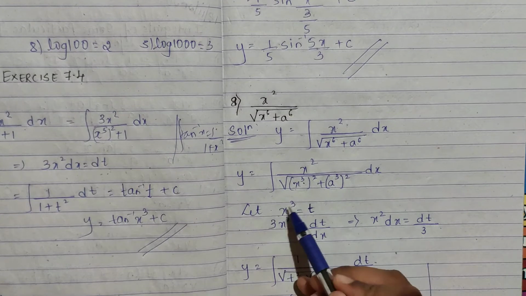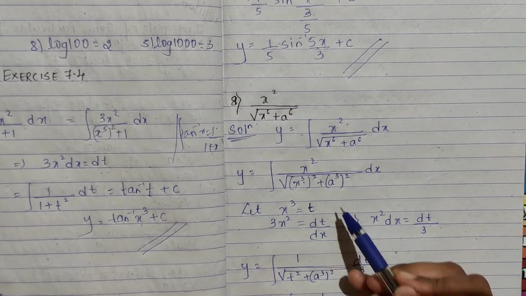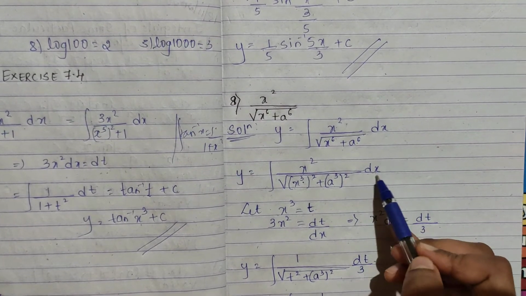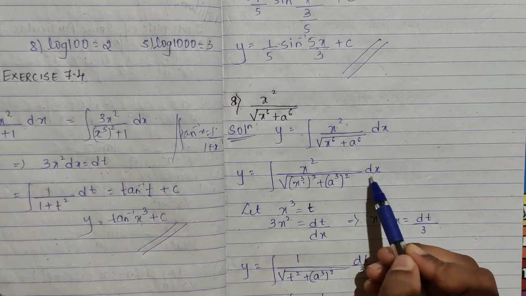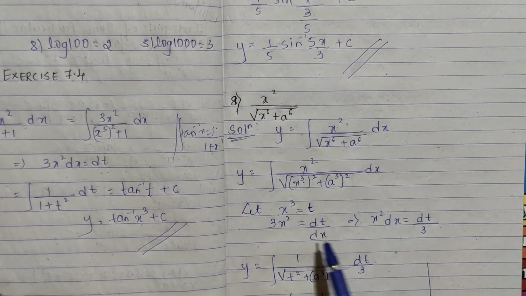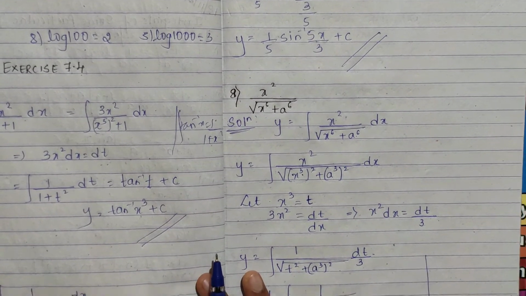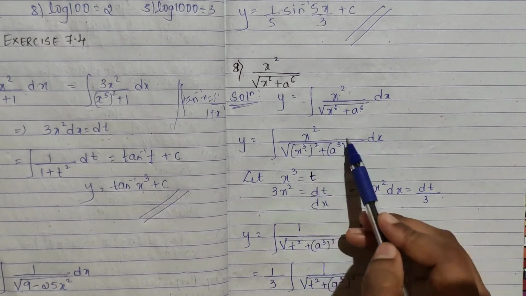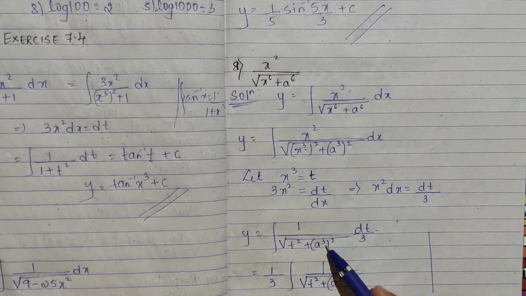So we are taking let x cube equal to t, so you will get 3x square equal to dt by dx. What we want in the numerator is x square dx; either you can take your dx value or anyhow, it is left to you. So x square dx directly I'll get, right? So x square dx will be dt divided by 3. Everything substituted, here 1 by root of, x cube is taken as t, so this becomes t square, this remains as it is.